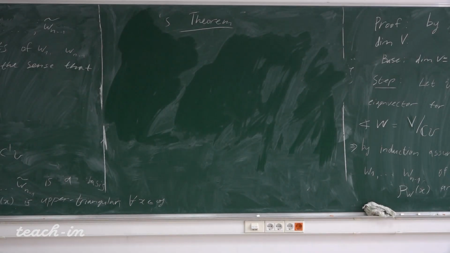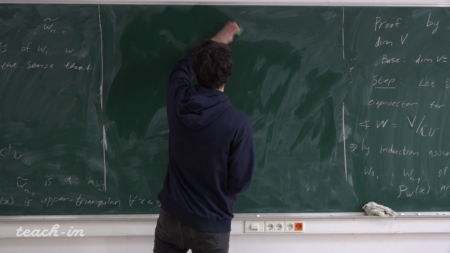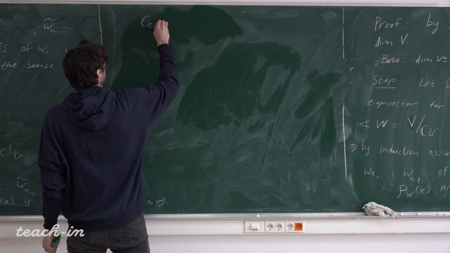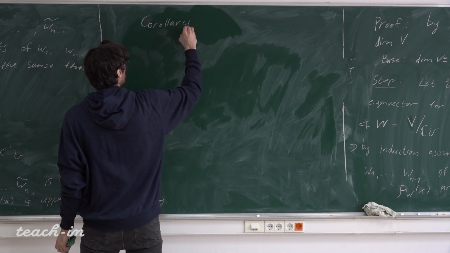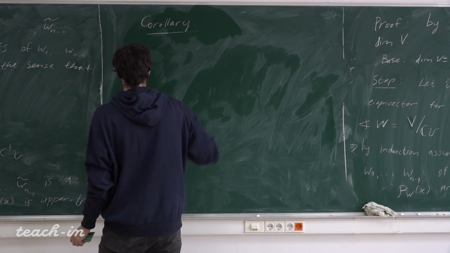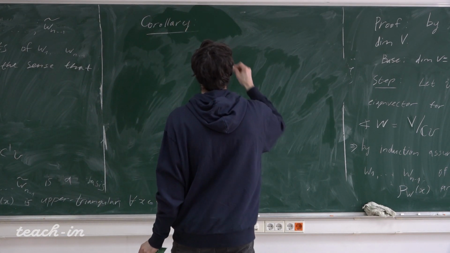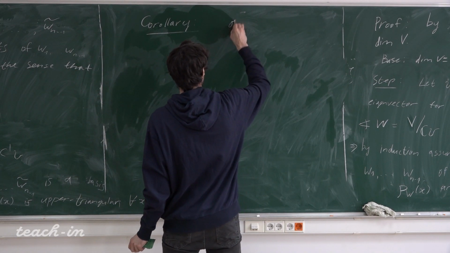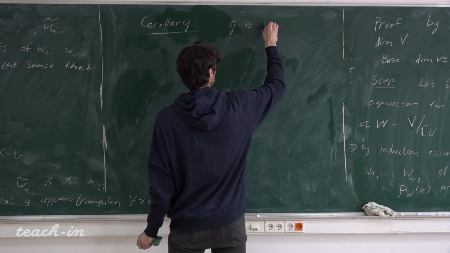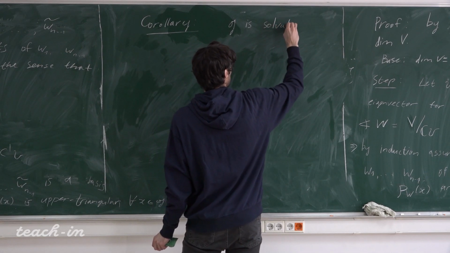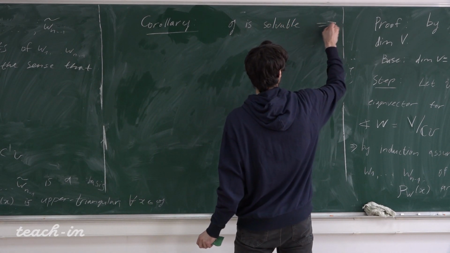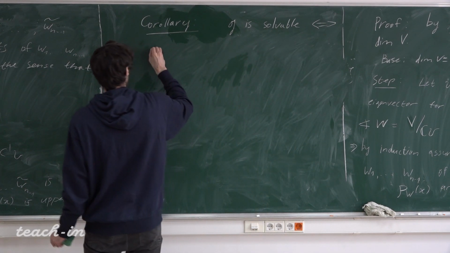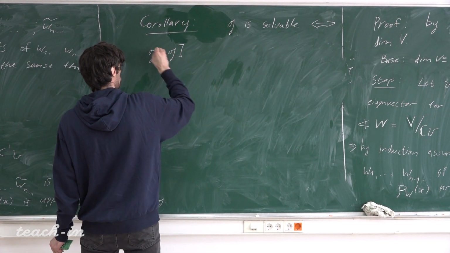All right, the following. Corollary: G is solvable if and only if the commutant of G is nilpotent.